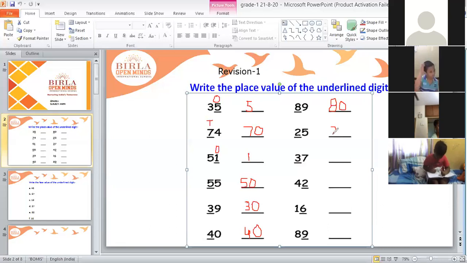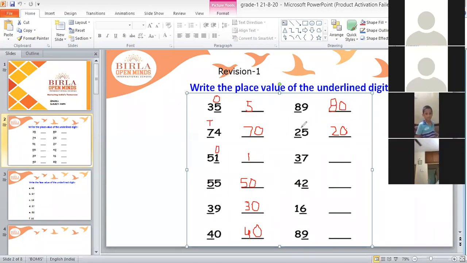Now tell me what is the place value of this 2 in 25? 20. Very good, Ananya. See here, children, this 2 is underlined, so we will write that 2. And since this 2 is in tens place, after this 2 we will put 1, 0. So the place value of 2 in number 25 is 20. Very good.